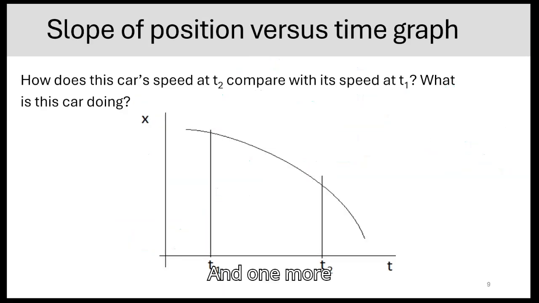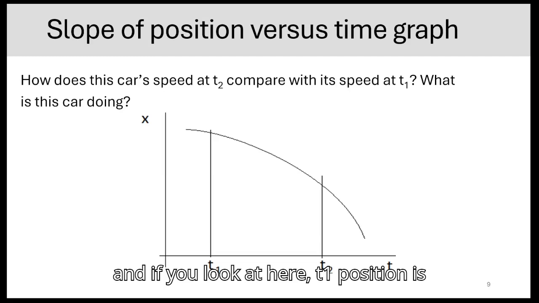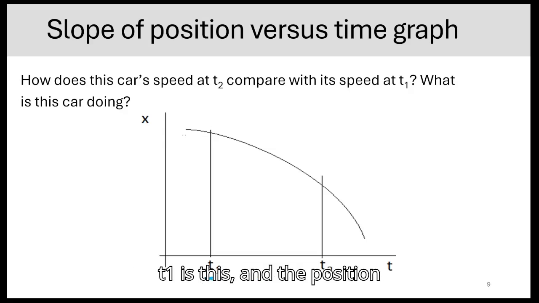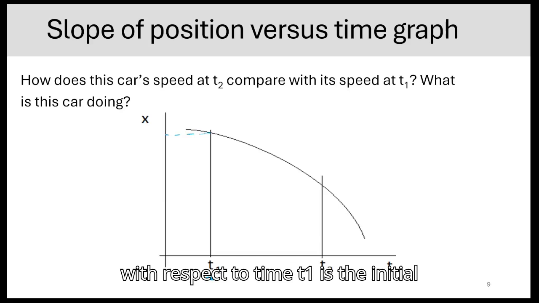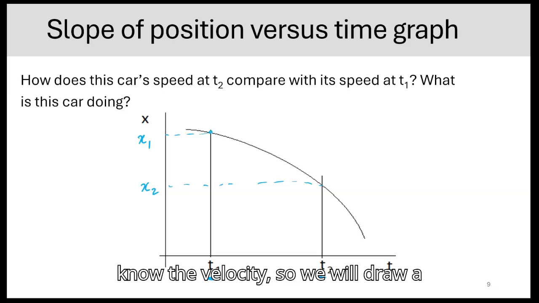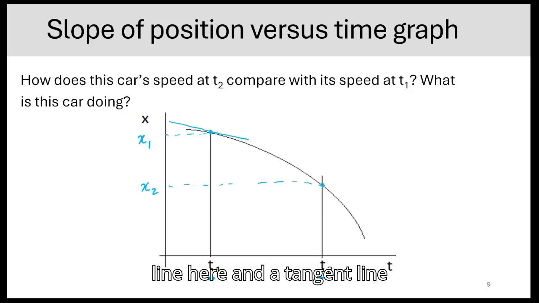And one more case, instead of a concave line we have a convex line, and if you look here, the position at time t1 is the initial position x1, and the position corresponding to time t2 is the final position x2. And we want to know the velocity, so we will draw a tangent line here and a tangent line here.